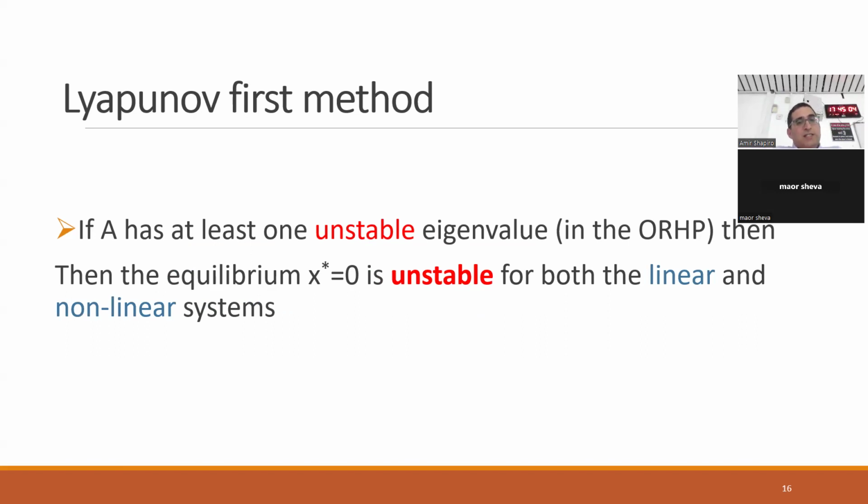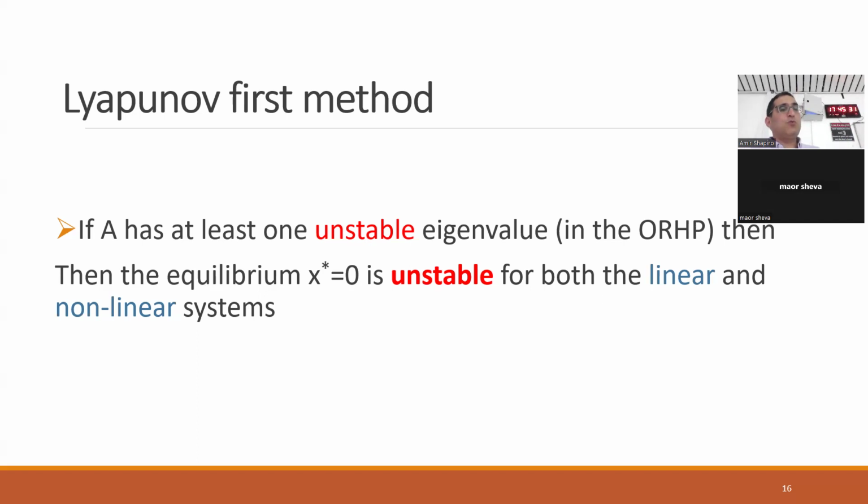So if A has at least one unstable eigenvalue, it means that this eigenvalue of A is in the open right half plane. So it is in the complex plane, it's on the right, not on the left. And it is enough that only one eigenvalue will be there.